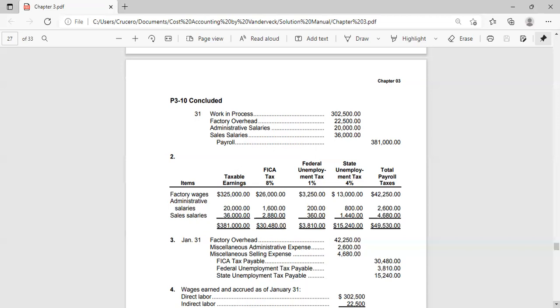So we now have the factory wages with total taxable earnings, administrative salaries, and sales salaries. Now, the FICA tax for the factory wages of 325,000, we multiply it by 8%. And for the federal unemployment tax, 1%.